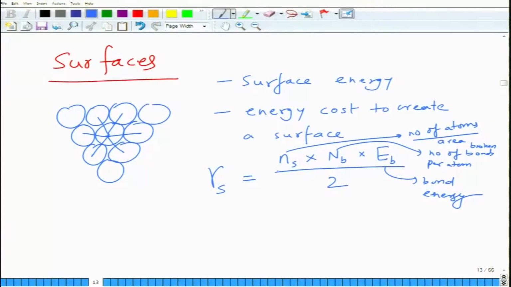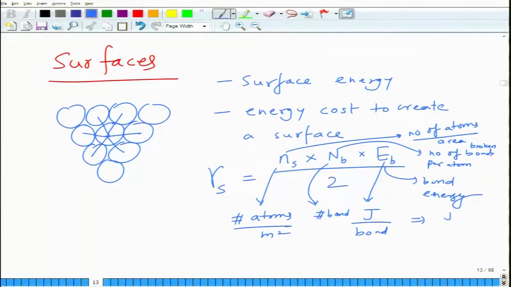Here this is in number of atoms per meter square, this is joules per bond, and this is the number of bonds. So you can see that the energy is in joules per meter square, or Newton per meter.